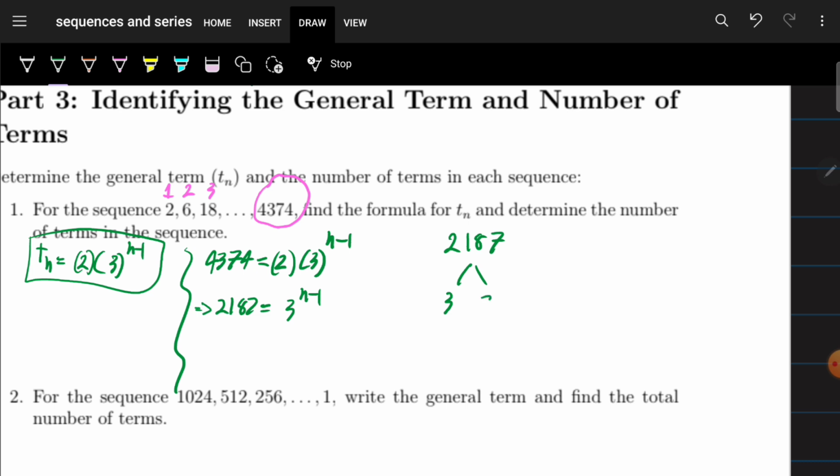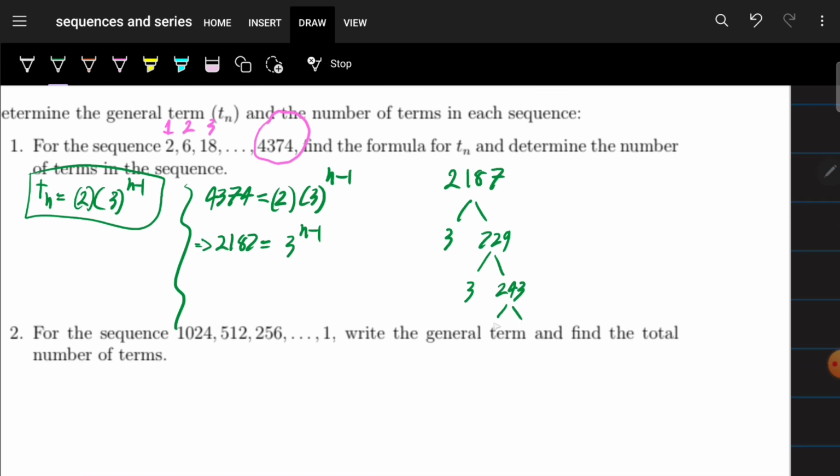I get 729 here. 729 is also divisible by 3. So if we divide it by 3, we get 243. And I'll actually divide this one by 9. So we get 9 and 27. 9 is 3 and 3. 27 is 3 3's multiplied together.